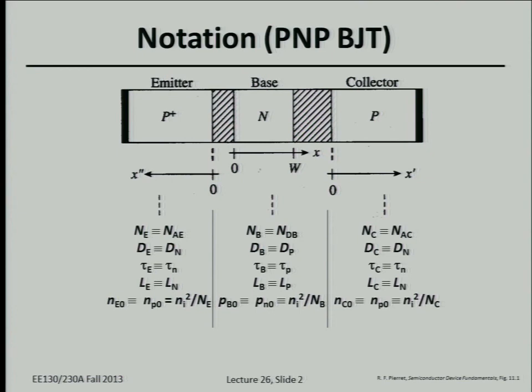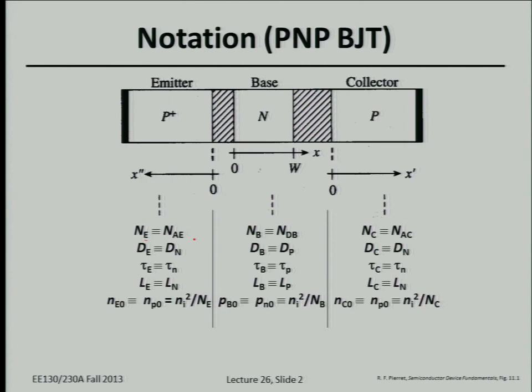Okay, so the dopant concentration in the emitter is just going to be N sub E. And if we tell you that's a PNP transistor, then you know the emitter should be P-type. So it's actually the acceptor doping concentration in the emitter. But just for simplicity, we're going to use the simple single subscript E rather than N sub A E. So N sub E, N sub B, and N sub C will denote the dopant concentrations in the emitter, base, and collector, no matter if it's N-type or P-type. You just have to keep track on your own if it's a PNP or NPN transistor.